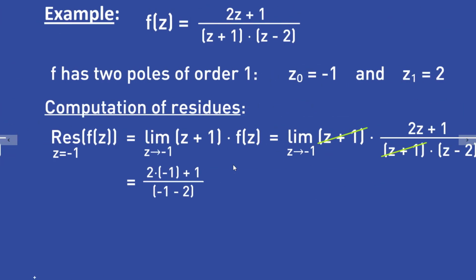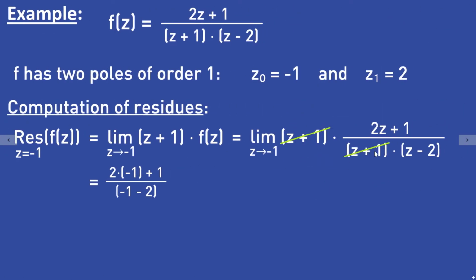We can cancel this, and now the limit is equal to (2 times minus 1 plus 1) divided by (minus 1 minus 2). And this is equal to 1/3. So the residue of f at the pole z equals minus 1 is equal to 1/3.